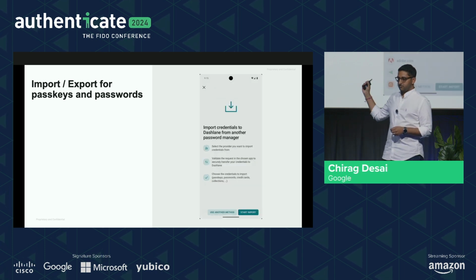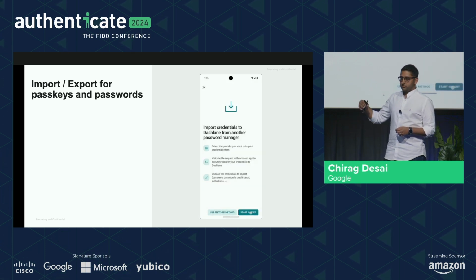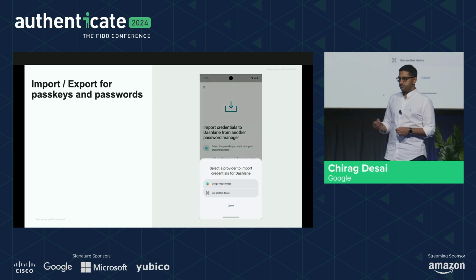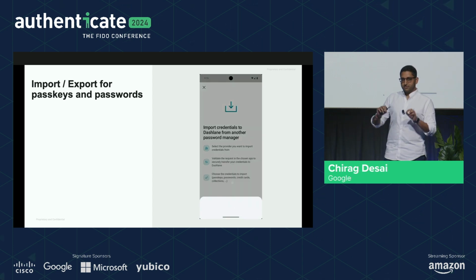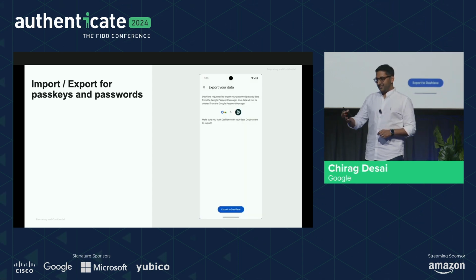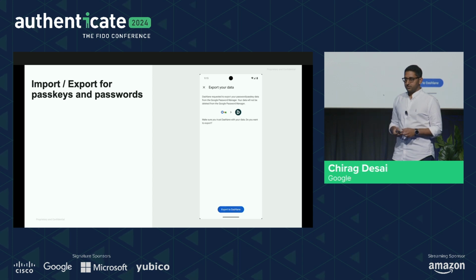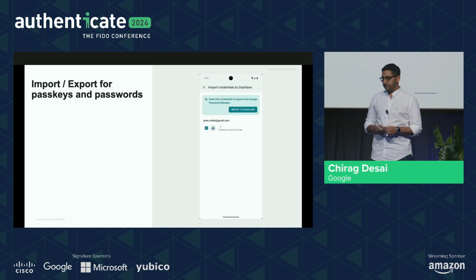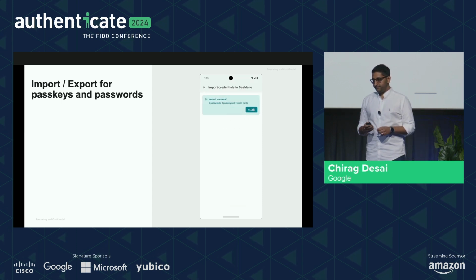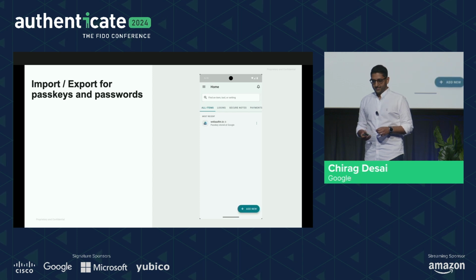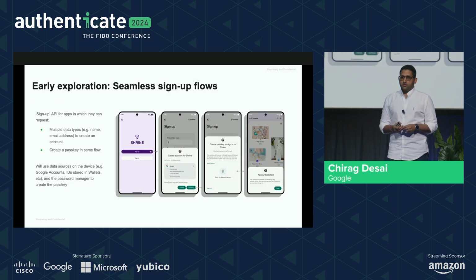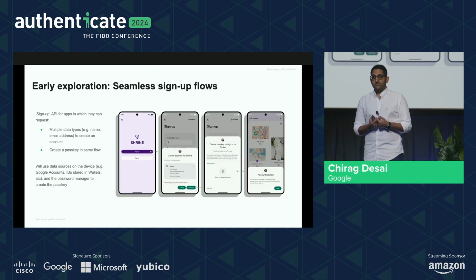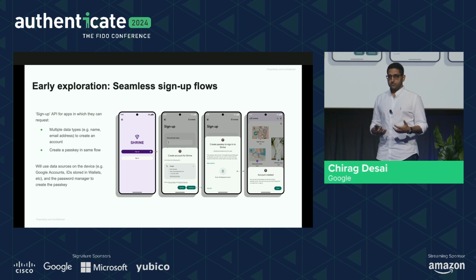So here you select the password manager, you get a choice of password managers that show up. It says Google Play Services for now. It will change to Google Password Manager. And then you export your data, and it gets imported. There you go.